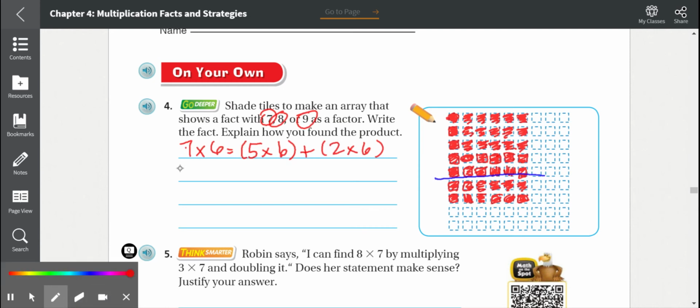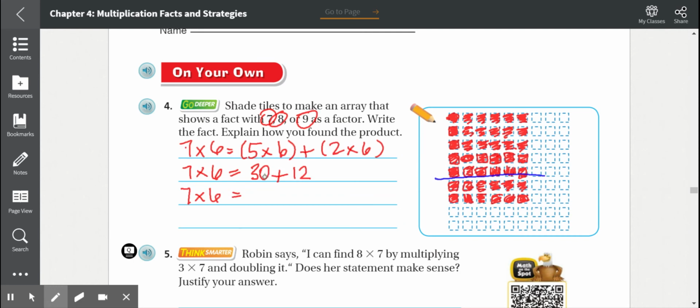Okay? Let's keep going. So we know that 7 times 6 equals, let's show 5 times 6. This is, I think, the third time we're doing 5 times 6 today. So you should know now that it's 30, plus 2 times 6 is just like doing 6 plus 6 more, is 12. Okay, so 7 times 6 equals, well, what's 0 plus 2? 2. What's 3 plus 1? 4. 42.